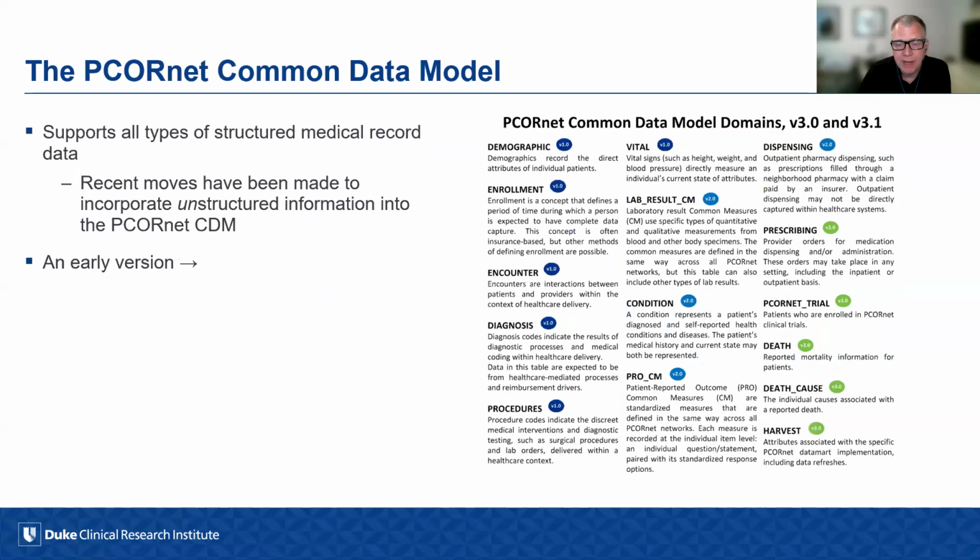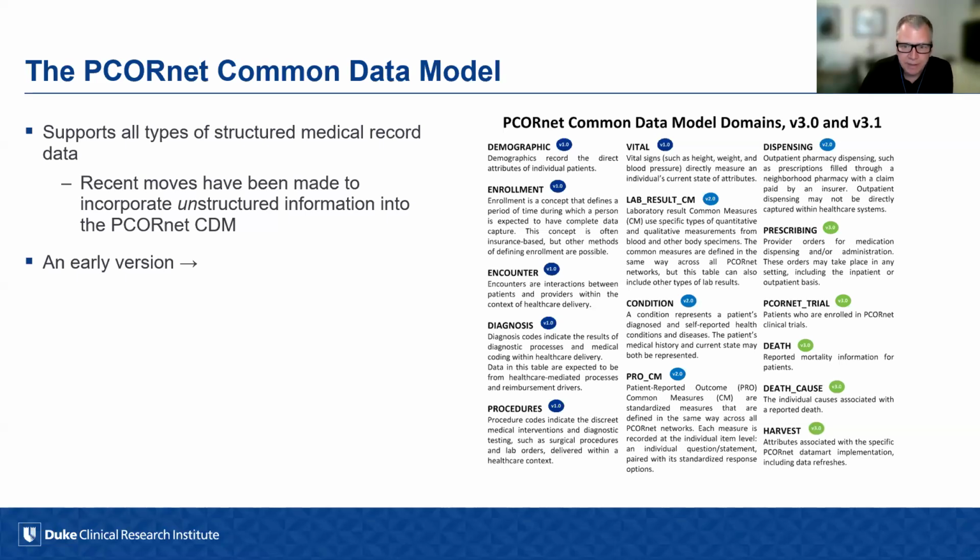You can see what that common data model looked like way back. It's expanded for now. I think for anybody involved in common data models, one of the favorite sports is to keep expanding it and to keep getting more and more information into it. But this was the core, right? It was structured information about demographics and encounters, diagnoses, procedures, vital results, labs, that kind of thing, right?